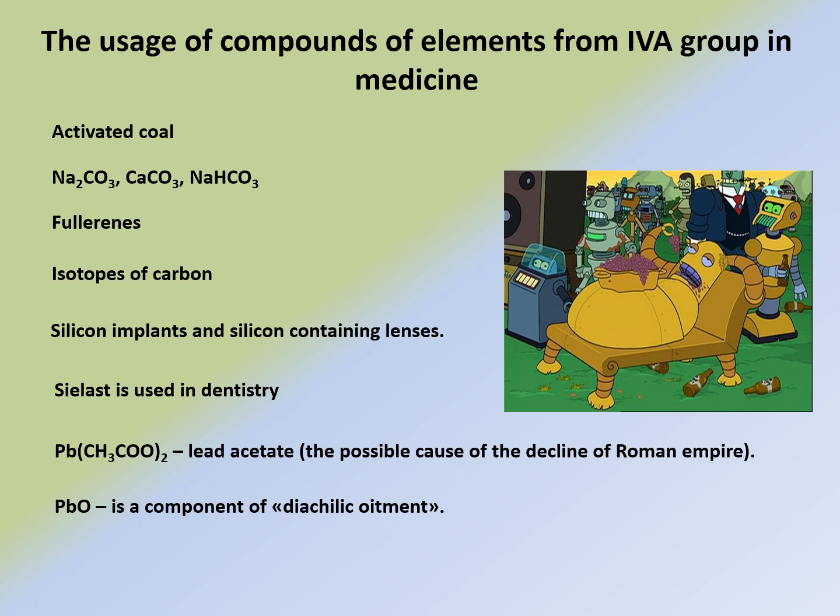So those implants are based on what? On silica gel. This is SiO2, yes? And also for the lenses in the eye. Yes, there is a lens and there's a need to replace it sometimes. And again, it must be soft enough, yes? That's why it's made of silica gel.